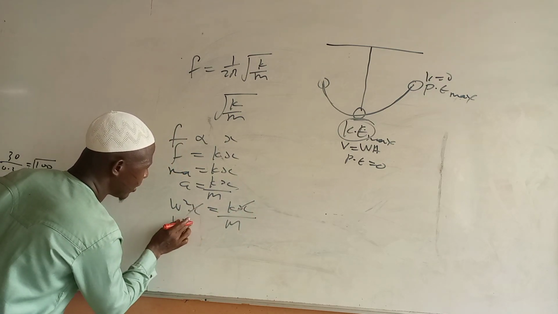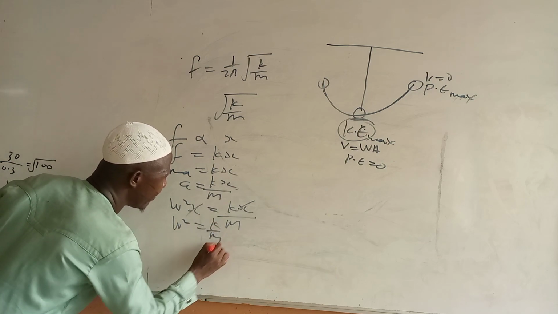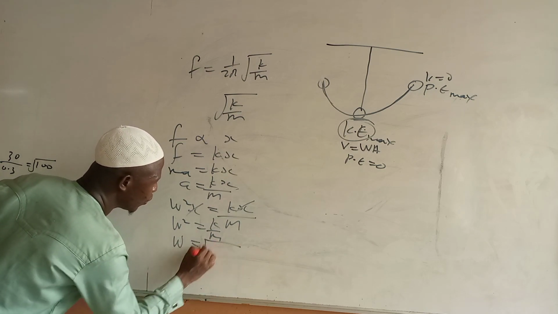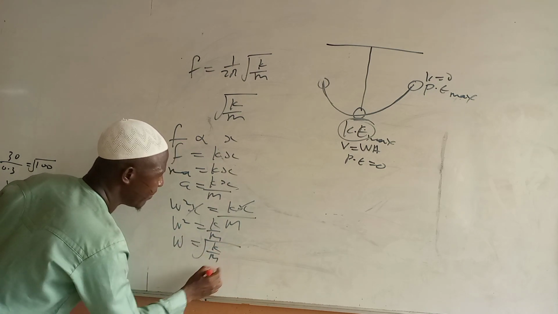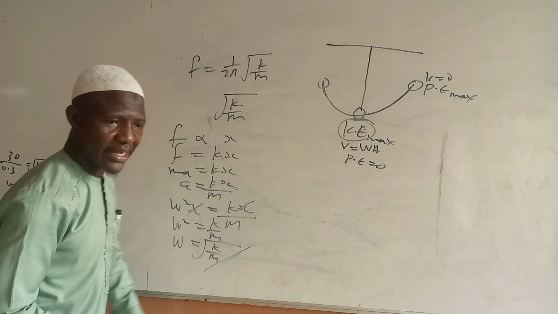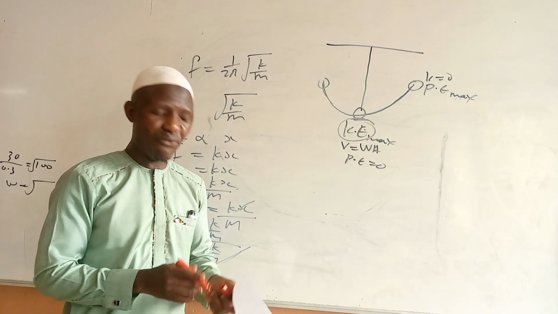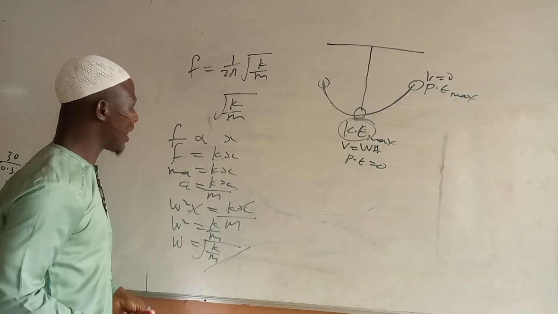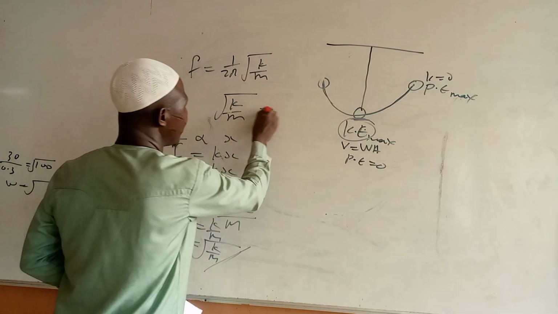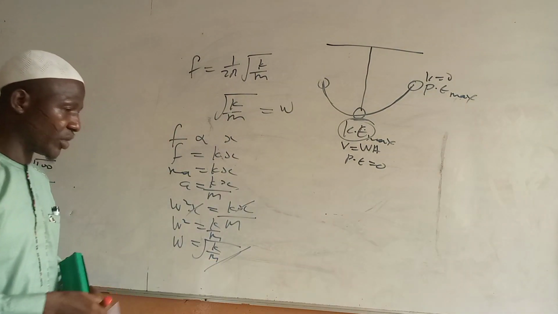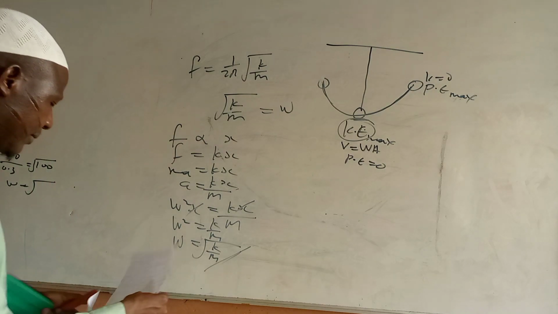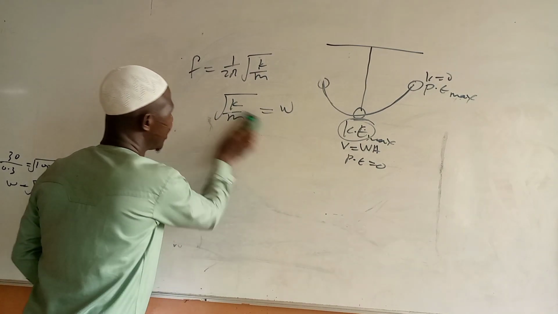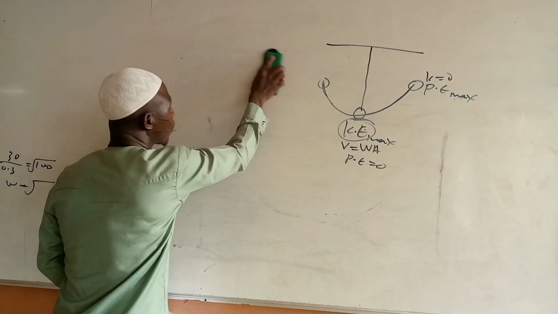Therefore, omega square is equal to K over M. So this implies that omega is equal to square root of K over M. So what is this omega? That is angular velocity. So the significance of this is the rate of change of angular displacement, which you call omega.